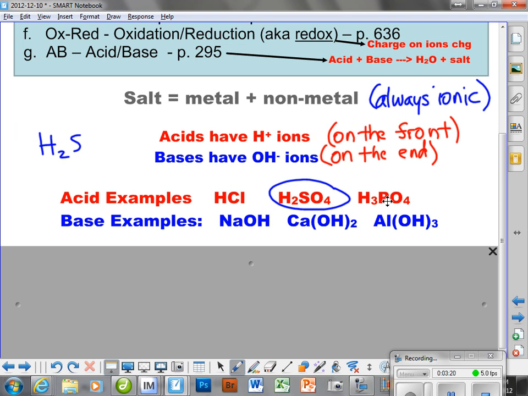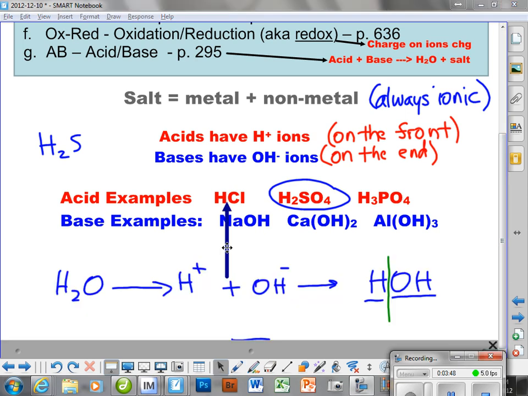And what's our dude over here? Who's this guy? H3PO4. Phosphoric acid. Good. This of course we'd call sodium hydroxide, calcium hydroxide, and what do you think? No, not oxide. Hydroxide. Aluminum hydroxide. Yes. So what we have here, you'll notice that the OH is on the end of that molecule.